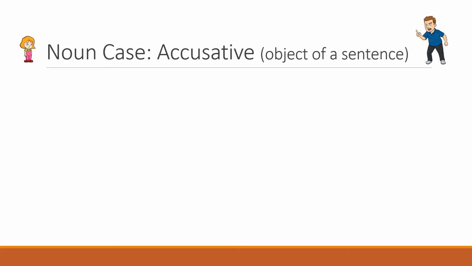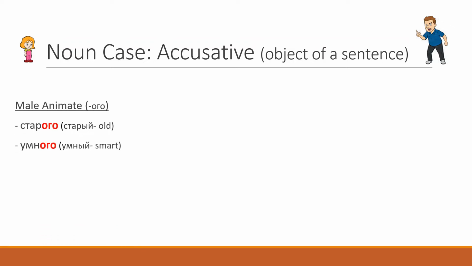Now let's look at accusative cases. So the noun case is for when you're talking about the object of a sentence instead of the subject. Okay, so for male animate objects, the adjective should end in ova.